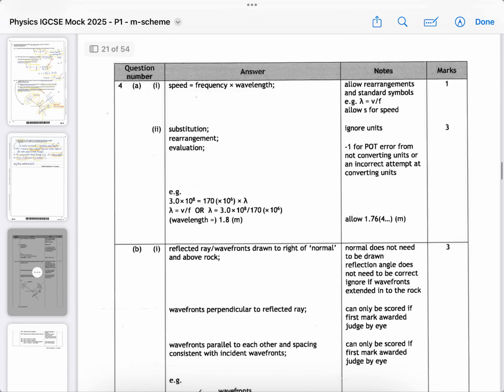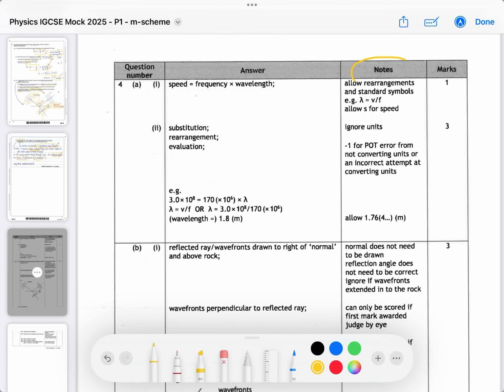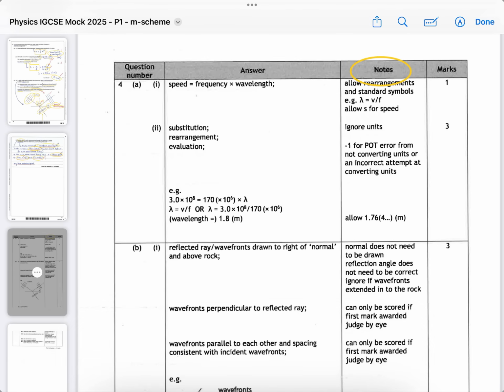Here's the mark scheme, if you want to stop the video and take a look. Part A, showing you how they've done it, what they give marks for, and they're giving you a set of notes as well in the second column that you can read carefully. Just remember, mark schemes are written for examiners and teachers, so students need to make sure they understand what the mark scheme means.